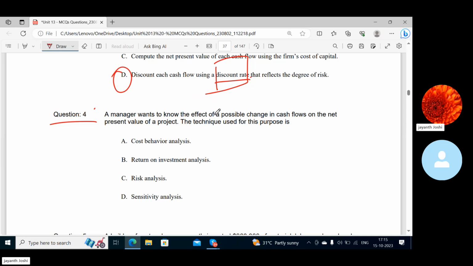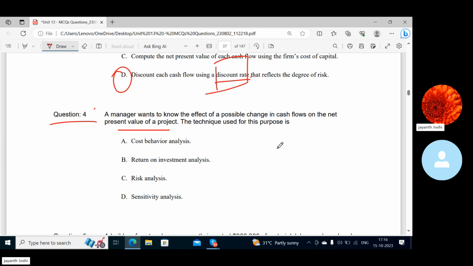A manager who knows the effect of possible change in cash flows on the net present value of the project. Now this answer you can easily give. It is not return on investment analysis. We just had a discussion about this.